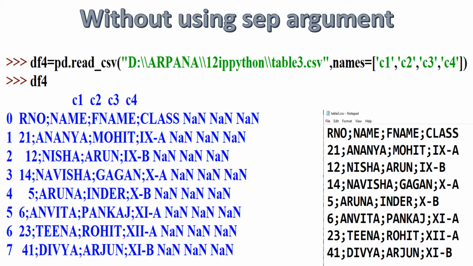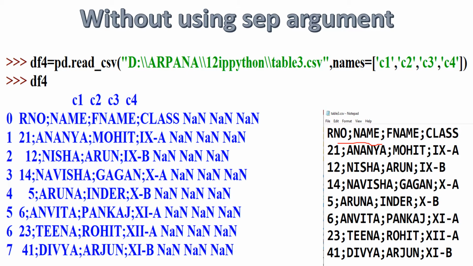This is the CSV file which is having the separator other than comma, that is semicolon was the separator here in the table3.csv file. Now because it will not be able to separate the data because it is not the default delimiter comma, so it will take the whole row as one data and it will be written under the heading C1. So that whole data will become C1.